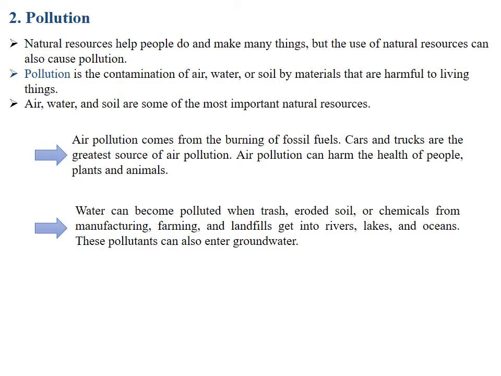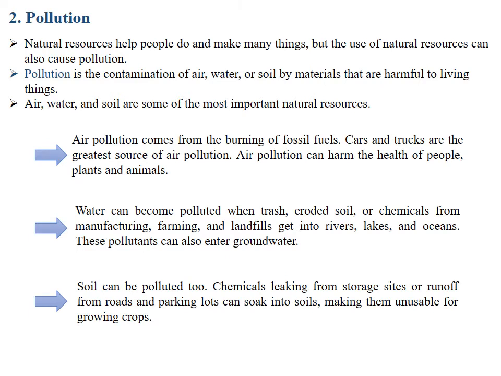These pollutants can also enter groundwater. And finally, soil can be polluted too. Chemicals leaking from storage sites or runoff from roads and parking lots can soak into soils, making them unusable for growing crops.